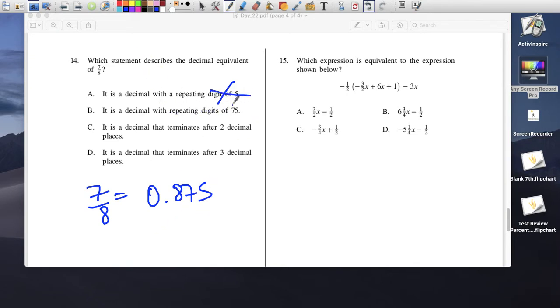A repeating digits of 75? Nope. A decimal that terminates after 2 decimal places? Well, there's 1, 2, 3 decimal places, so that's also out. A decimal that terminates after 3 decimal places? 1, 2, 3. Yes, it does. Correct answer, letter D.